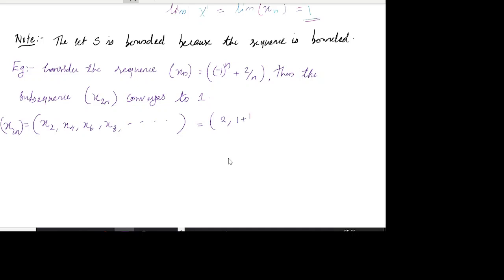For the next term, when I put 6, again 1, so this is 1 plus 1 by 3. The next term is 1 plus 1 by 4, like that. So the general term is 1 plus 1 by n.